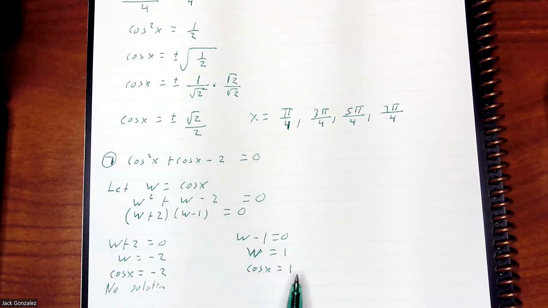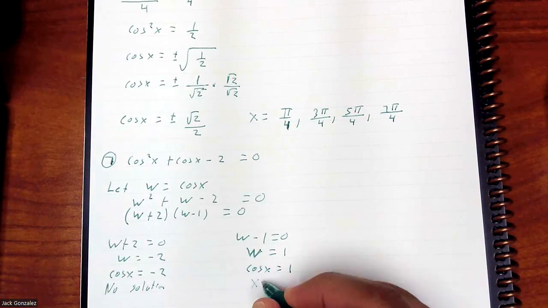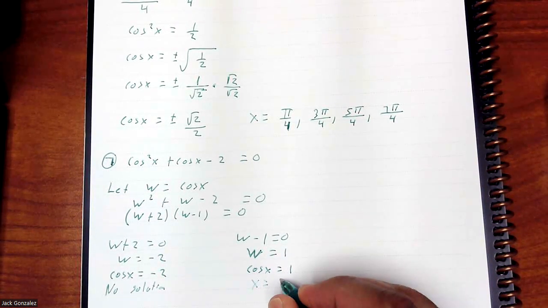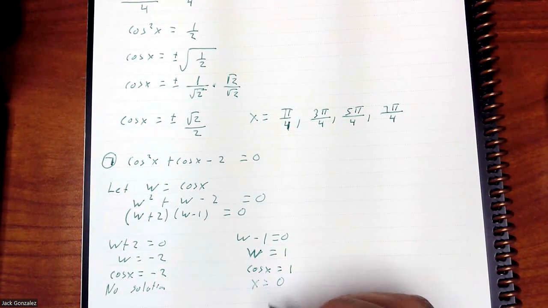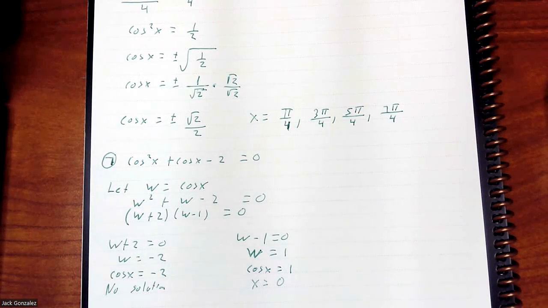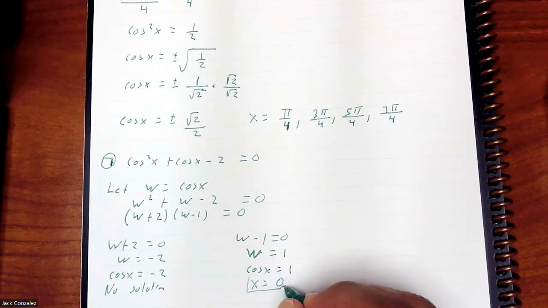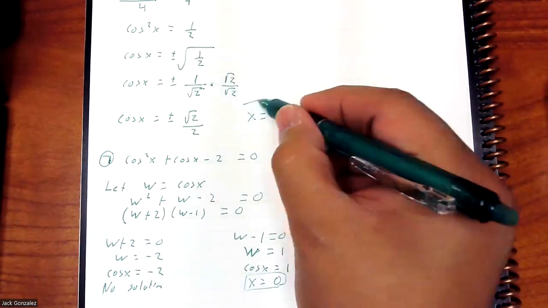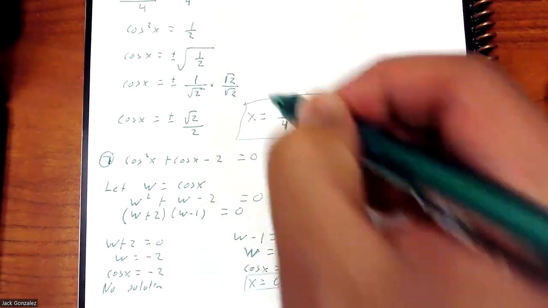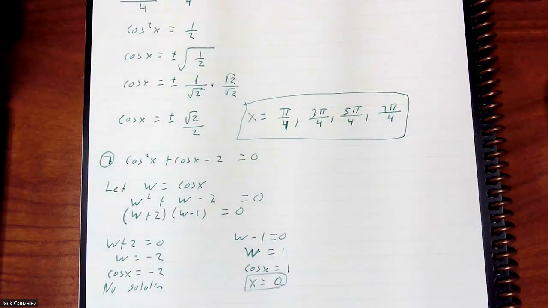Cosine equal to 1 on your unit circle, x would be equal to 0. That's it. And we only have one solution for number 7. Any questions on 7?